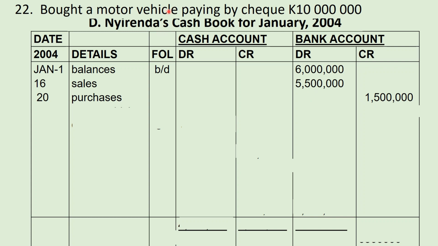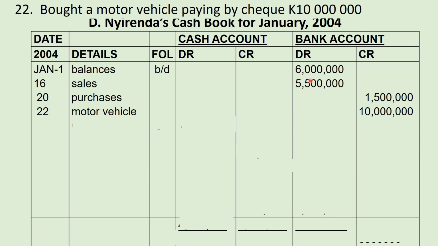Then we buy a motor vehicle by spending 10 million, meaning that we don't have money in the bank account now. This happened on the 22nd.